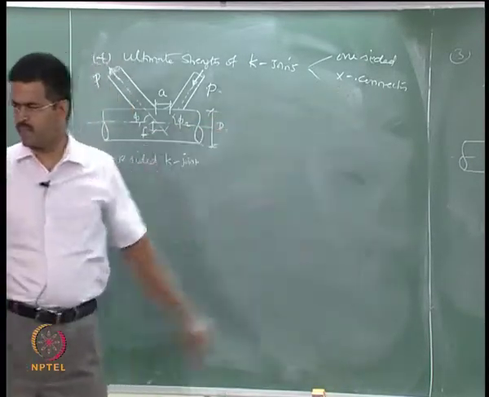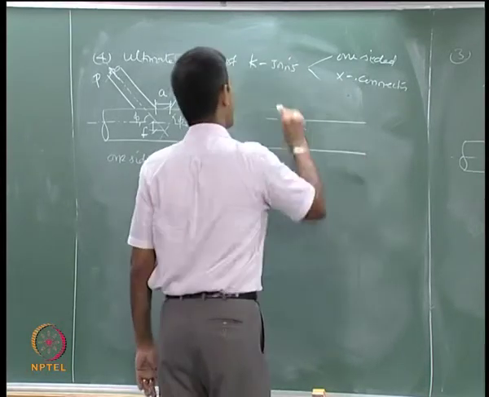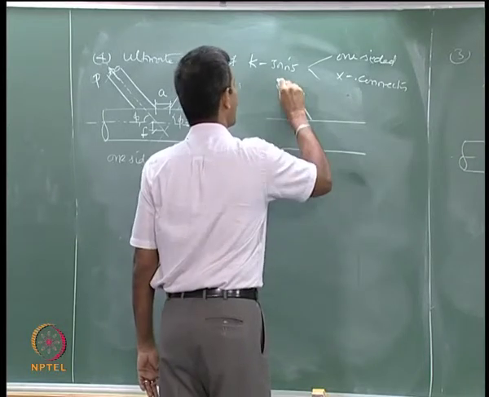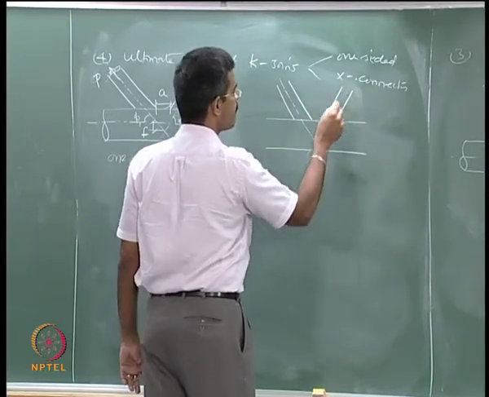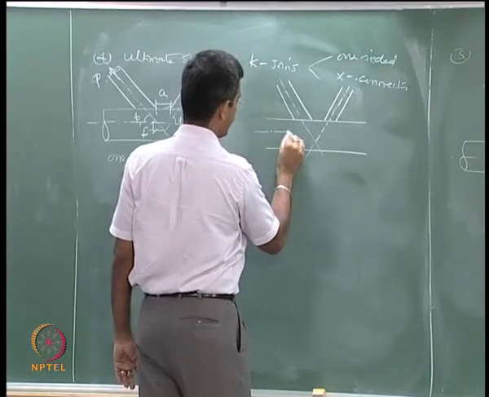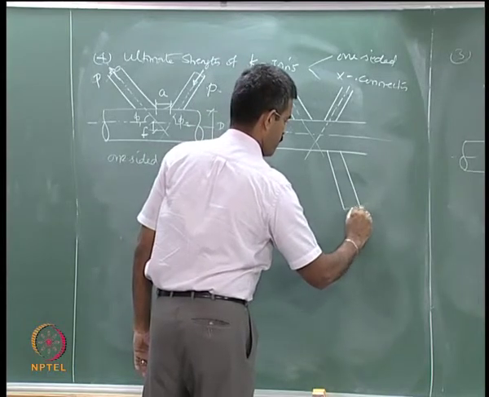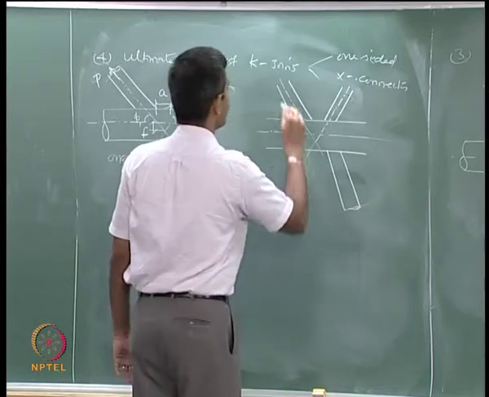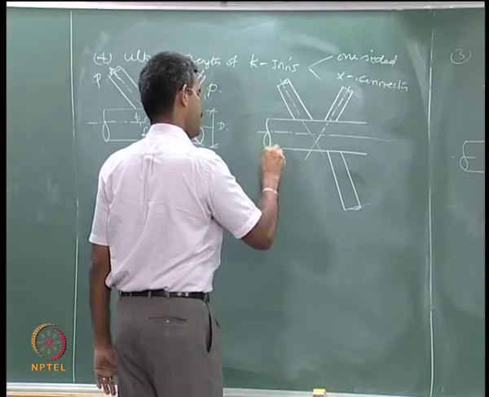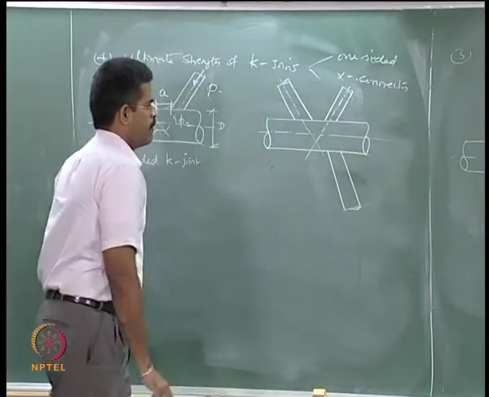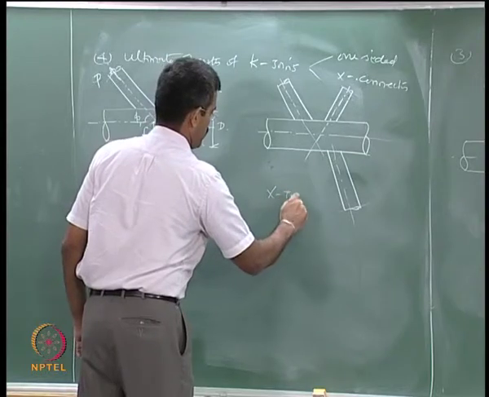Now there is something called cross connection, where the connection looks like this. This is called cross type connection.